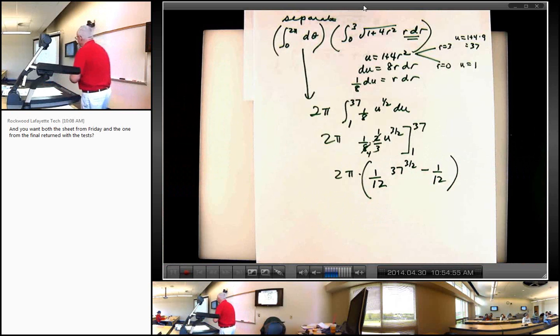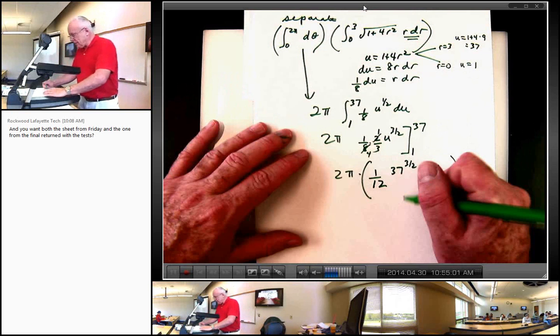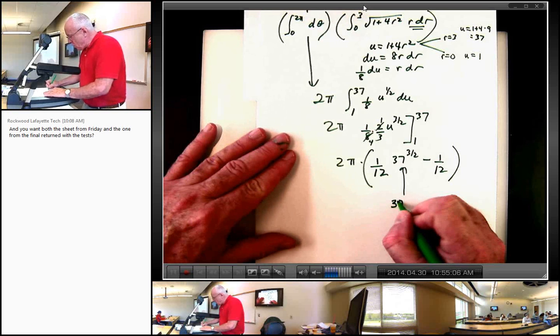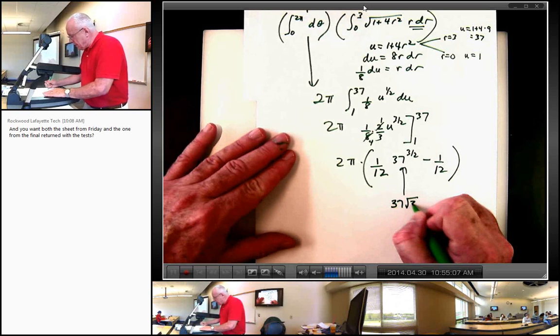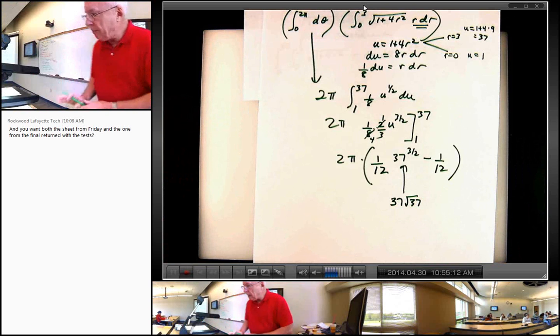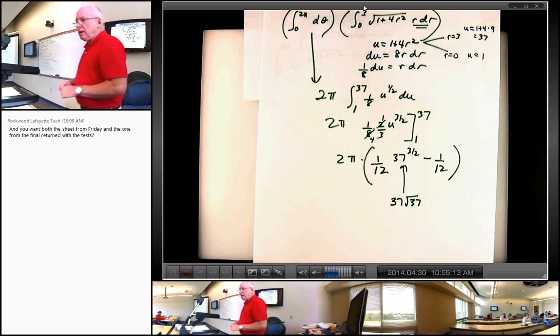Of course I can simplify and cross out a factor of 2. The 37 to the 3/2 is fine like this, or if I wanted to, I could write it as 37 times the square root of 37, and that would be that problem.